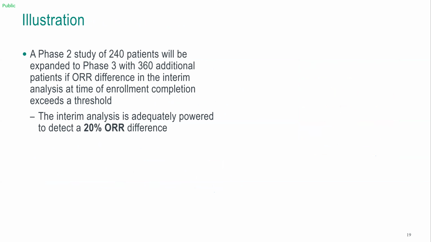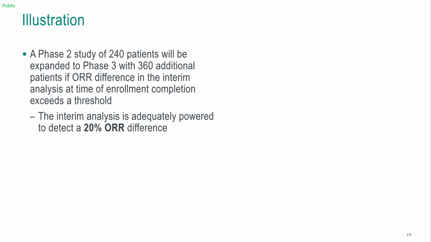The phase 3 study will cost us 240 patients in a setting. And once we pass the interim analysis, after about 160 patients had 3 months of follow-up, by the time all 240 patients are approximately enrolled, we will decide whether to enroll an additional 360 patients.